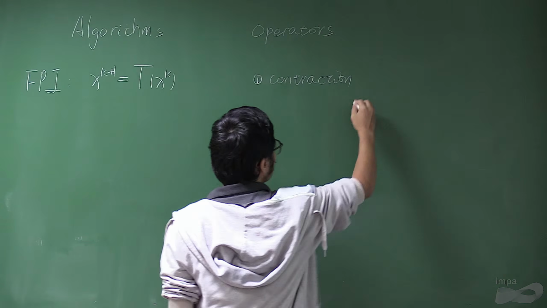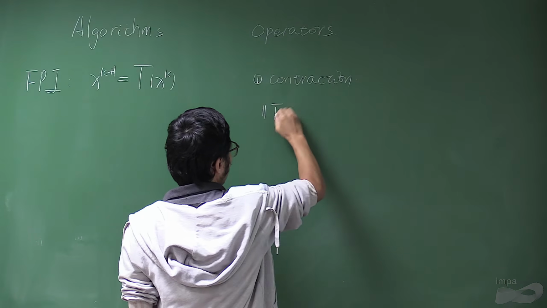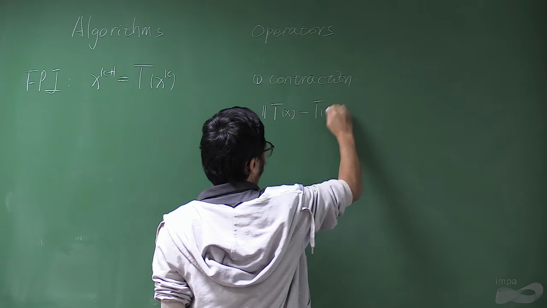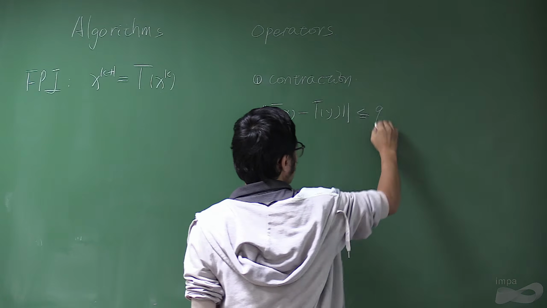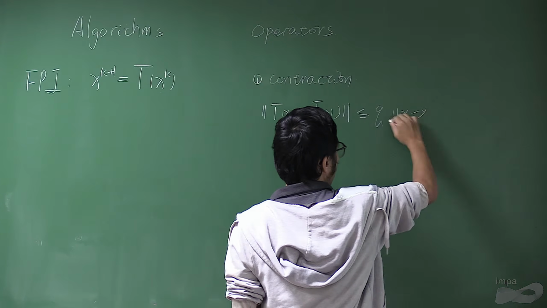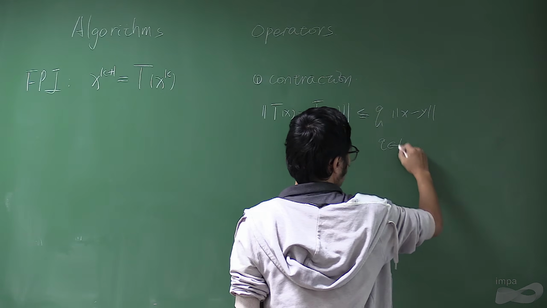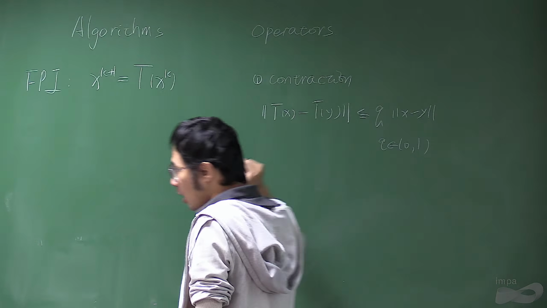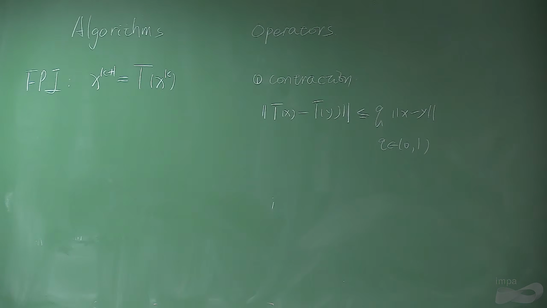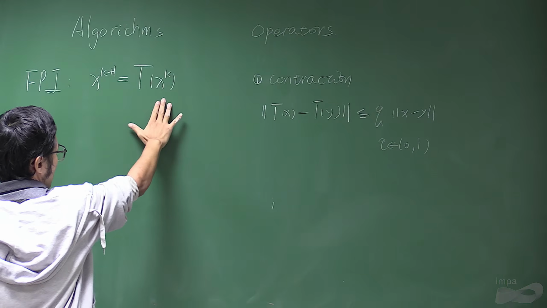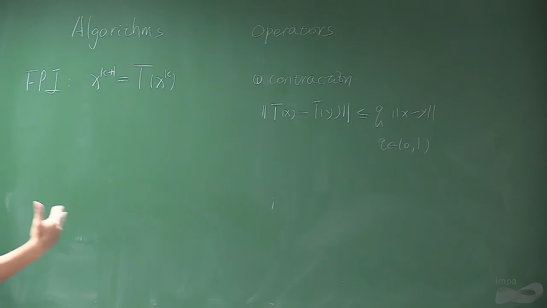If the operator T satisfies ||T(x) - T(y)|| is less than some constant q times the norm of x minus y, with q in (0, 1), then we say this operator T is a contraction. And according to the Banach fixed point theorem, we know that the fixed point iteration converges. The sequence converges to the unique fixed point, and in a Hilbert space, it converges strongly.